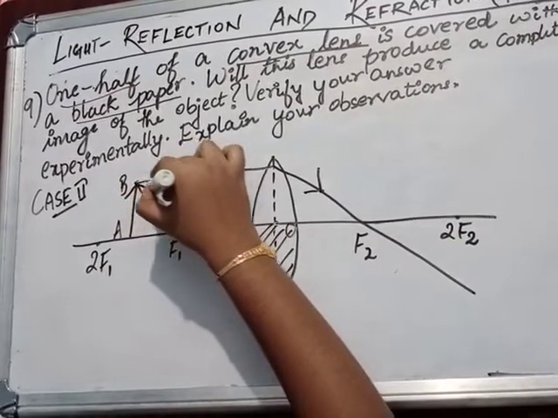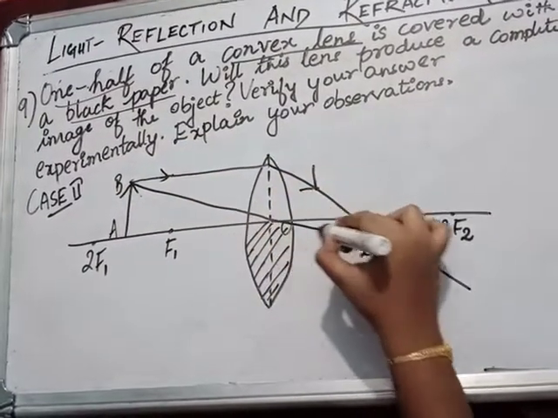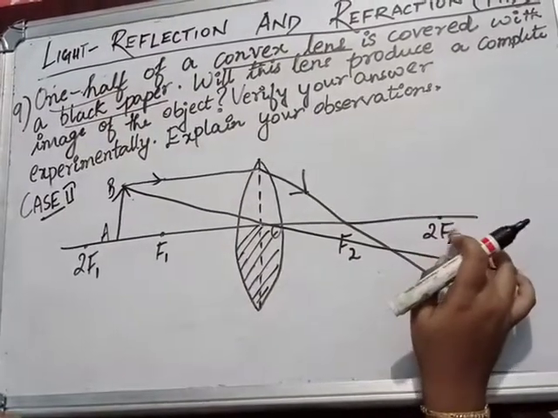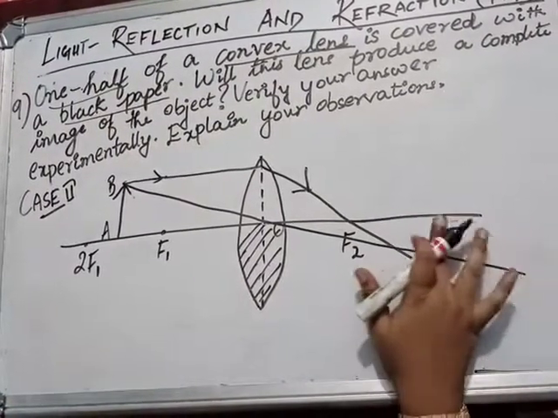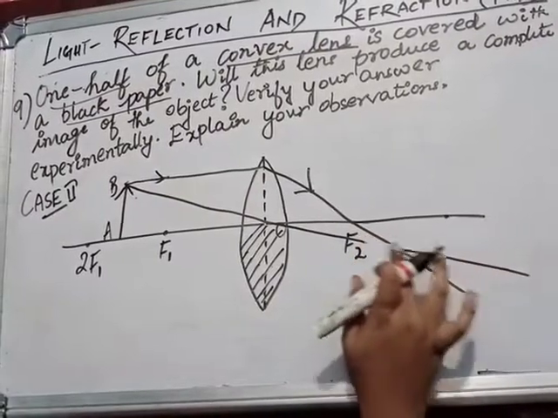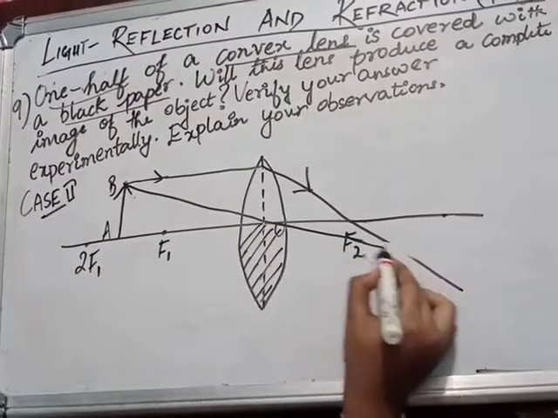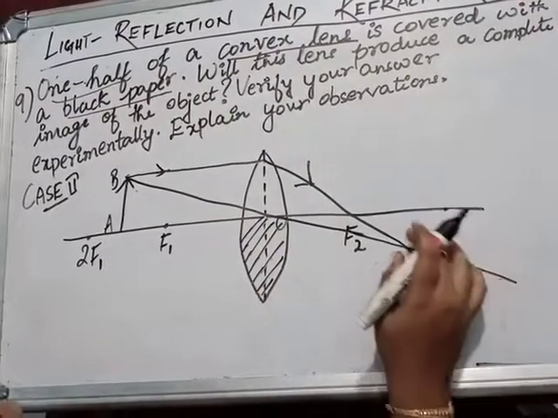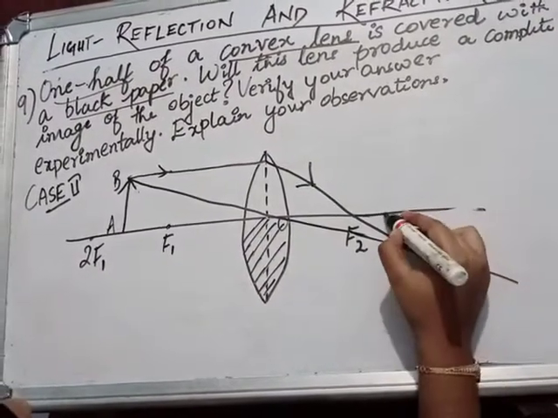Now the next ray passes through the optical center and goes somewhere like this. So both the rays meet this way. Let this be 2F2, okay?